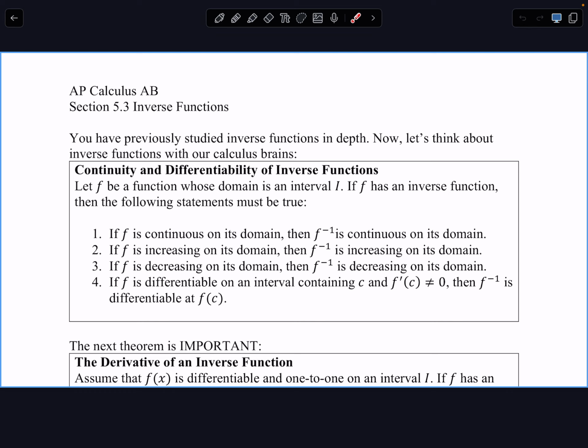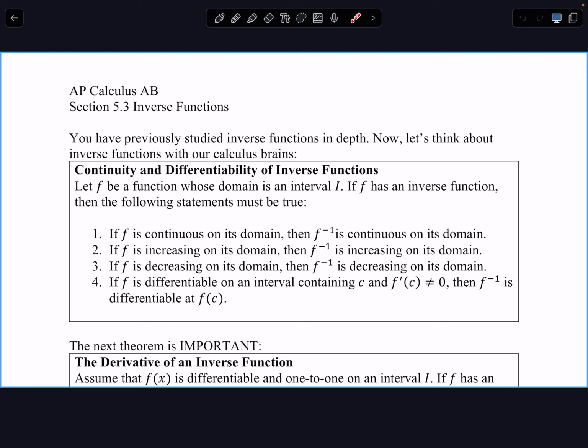So if a one-to-one function, a graph that would pass the horizontal line test and the vertical line test, is continuous on its domain, meaning over its domain every input corresponds to an output, a value in the range, then f inverse would also be continuous on its domain.